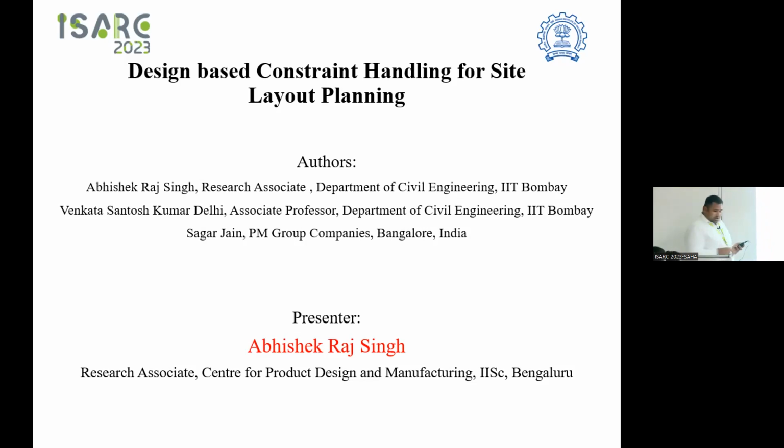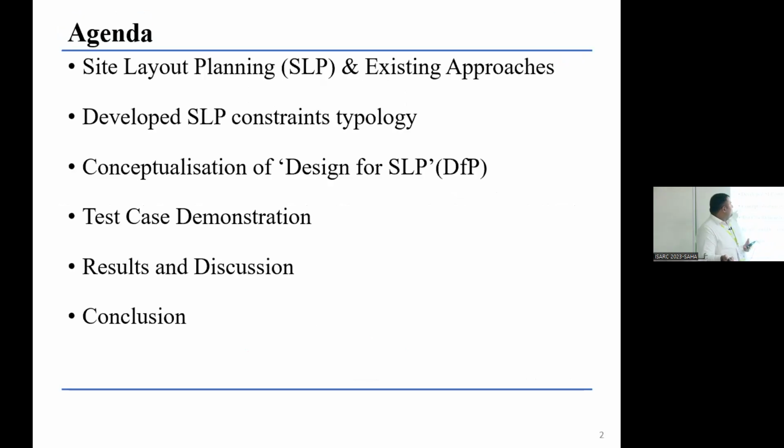To start with this presentation, the flow of this presentation is as follows. I'll briefly discuss what the problem of layout planning is. Following it, what are the existing approaches in the literature as well as what is being practiced in the field.